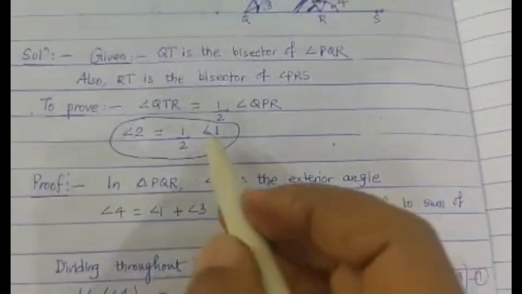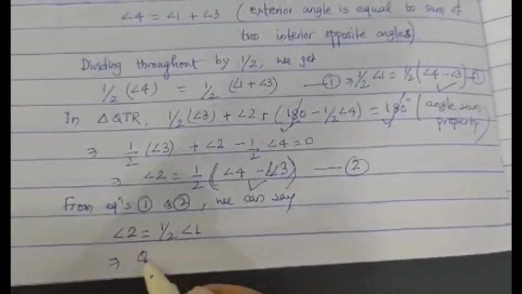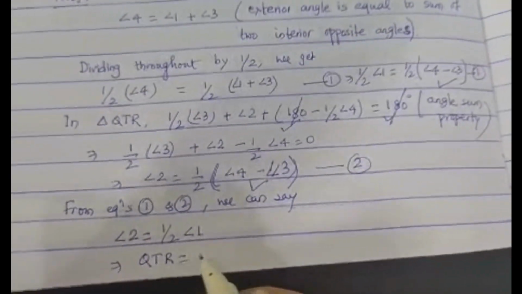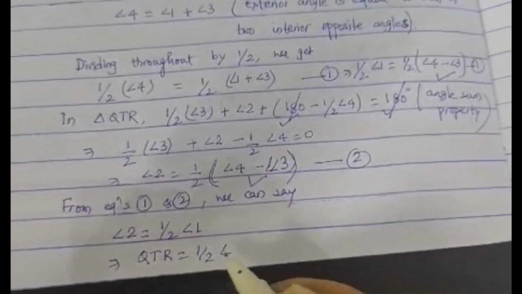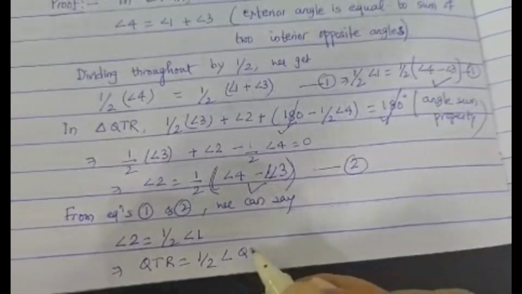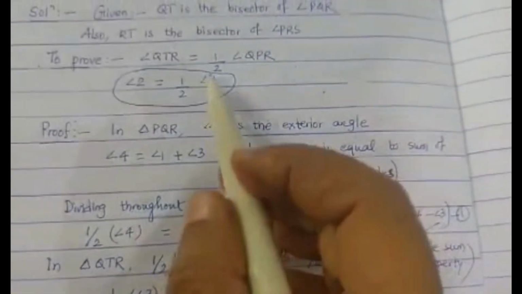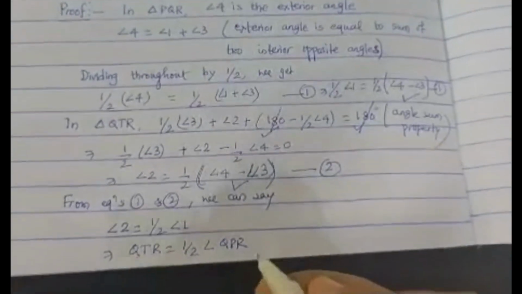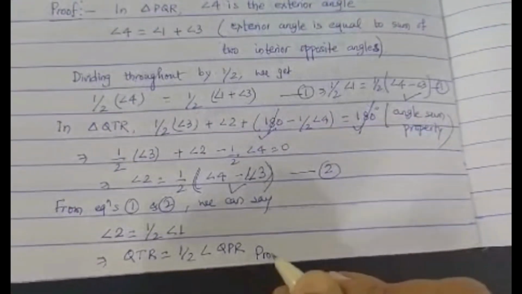Now you write it in its nomenclature, angle QTR is equal to half of angle QPR. Okay, so this is proved.